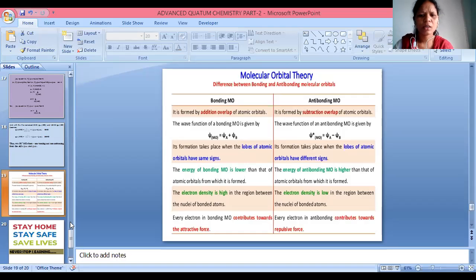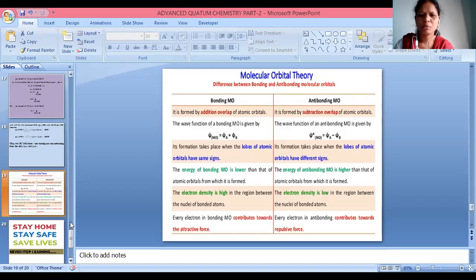The electron density is high in the region between the nuclei of bonded atoms. Because when the bonding is formed, both lobes come close, the electron density will be very high. Whereas in destructive overlapping, that is the anti-bonding molecular orbital, the electron density is low in the region of the bonded atoms.